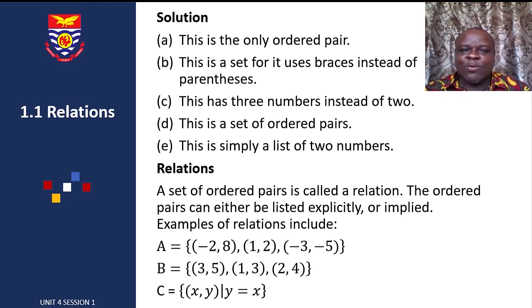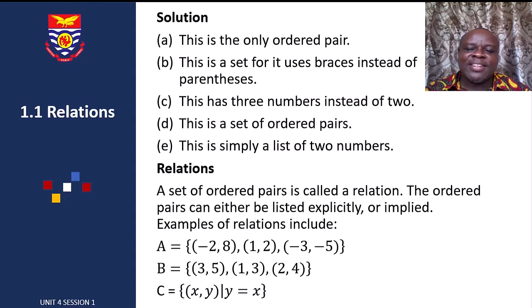So this will take us straight into what we call relations. You look at the fourth question, which we say is a set of ordered pairs. So if you have a set of ordered pairs, you call it a relation. The ordered pairs can either be listed explicitly or they can be implied. So let's look at the set A. It's a set of 3 ordered pairs.